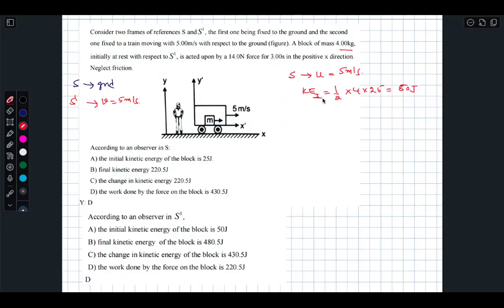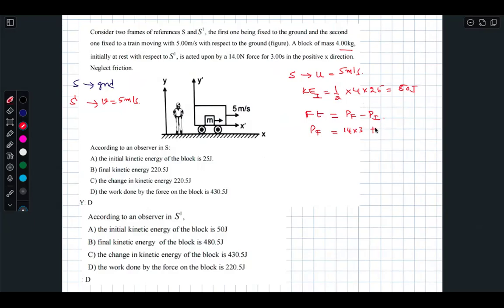Now you acted upon by this much force for 3 seconds. So this results F into T is equal to final momentum minus initial momentum. So final momentum is 14 into 3 plus initial momentum, 4 into 5.